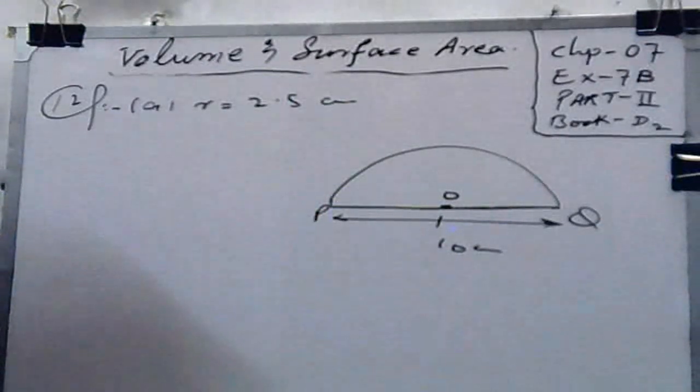Similarly, the slant height is 5. In part A we have to find the radius of the base. PQ is your 10 centimeter. So the radius of the base is R equal to 2.5 centimeter.